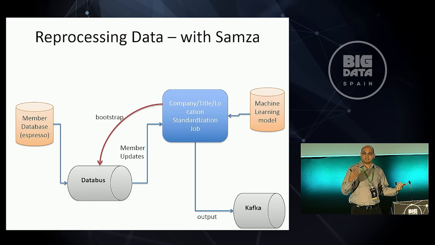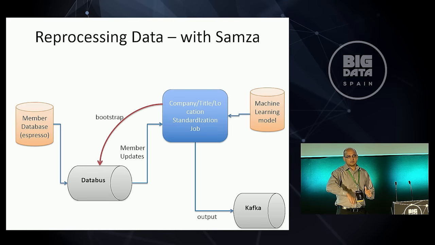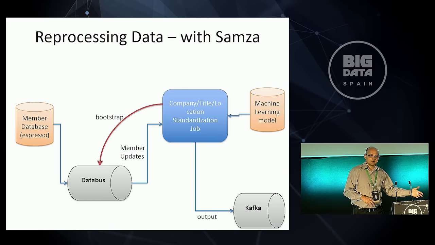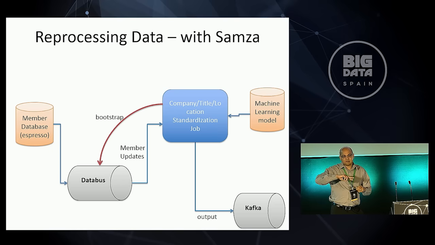to do that, we have a feature called bootstrapping in Data Bus, which means that you can tell Data Bus, give me everything. And Data Bus basically starts reading from the database backups of our database systems, right? Streams the whole backup back onto the stream processor. And after you process the entire database, it seamlessly switches over to the live stream, right? So you basically start this and then sit back and wait for your processing to finish, and then you are back online.